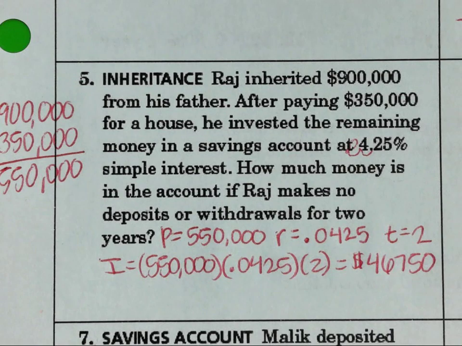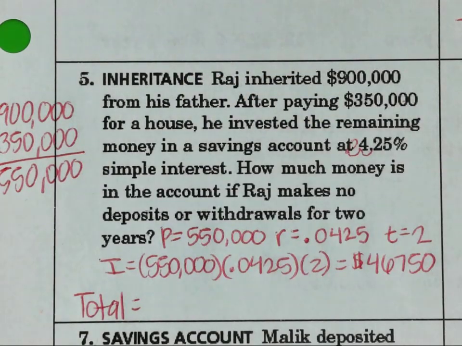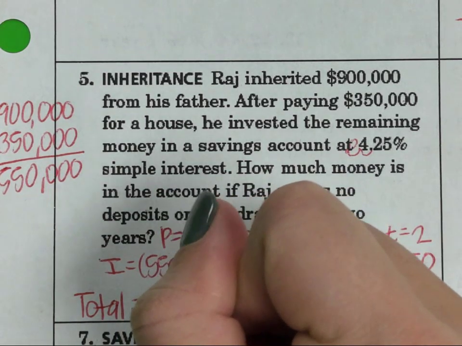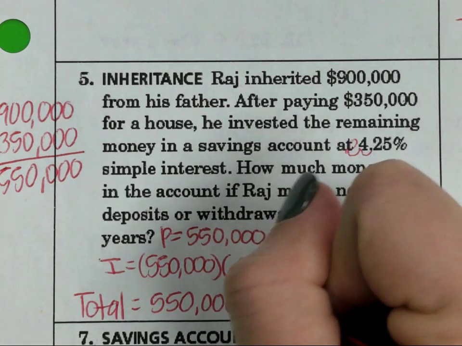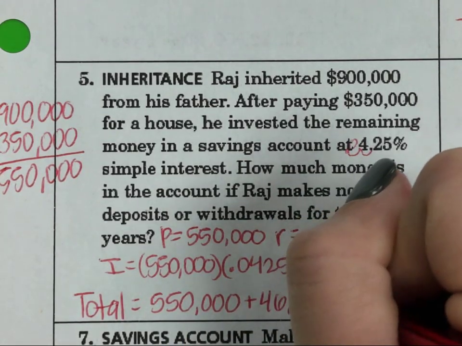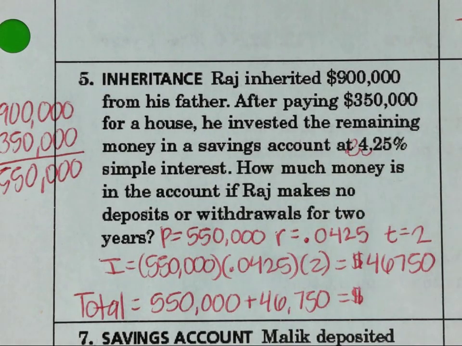But remember, the problem is asking how much money is in the account after those 2 years. So what do we have to do? What two numbers am I adding? The 550,000 plus 46,750. So my final answer is what, Ben?